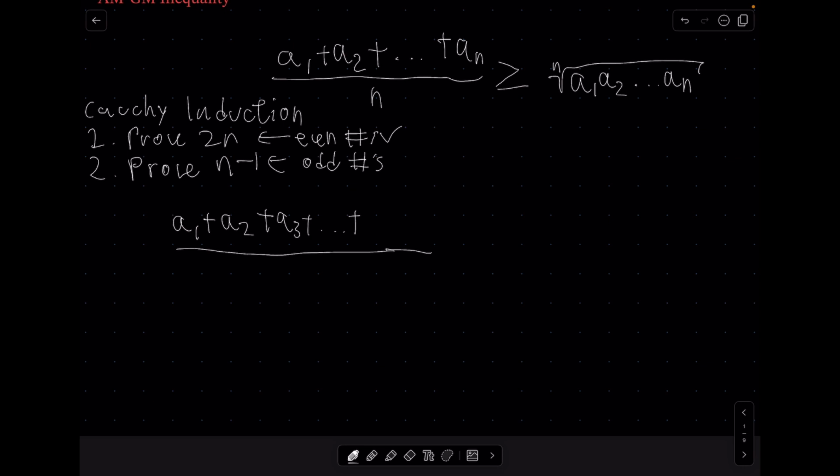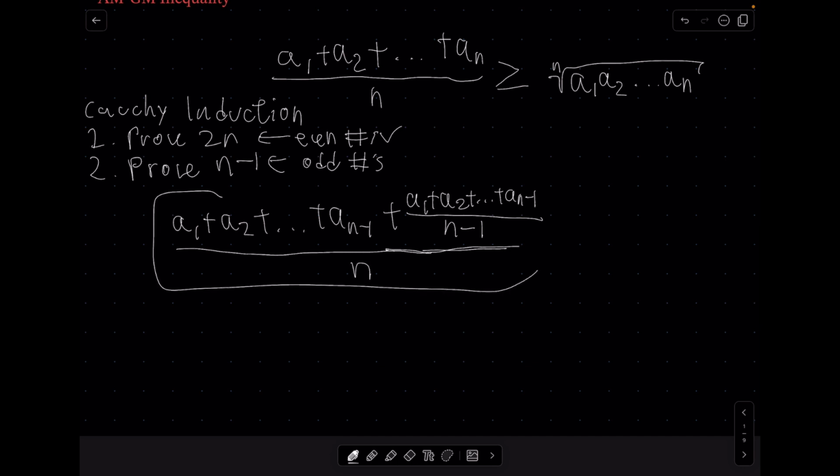Let's say we have a1, a2, a3, all the way until an minus 1, and then we're going to add the a1 through an minus 1 again, divided by n minus 1, all over n.